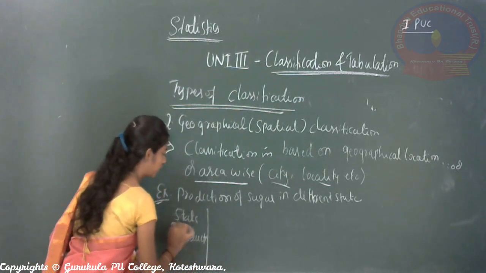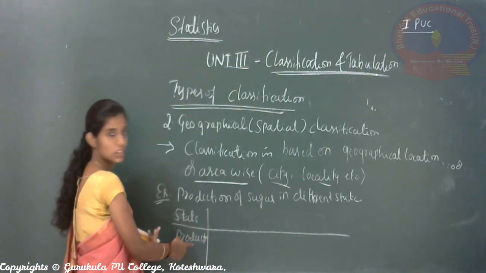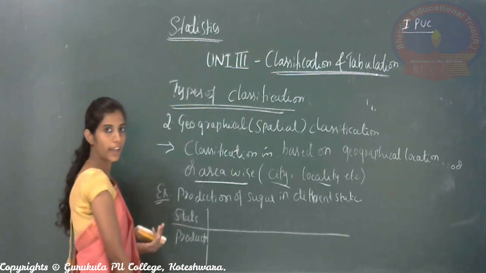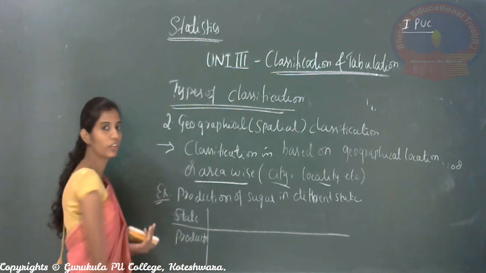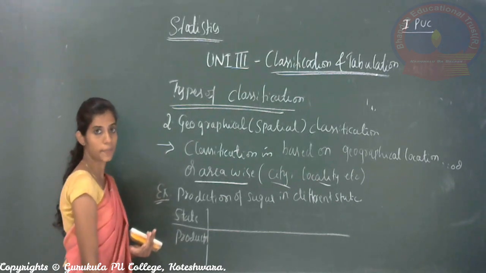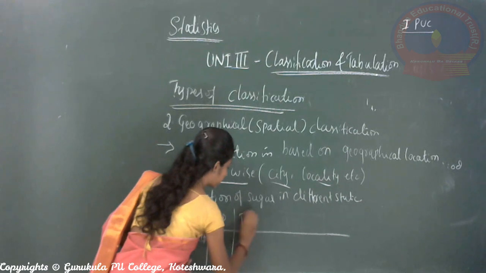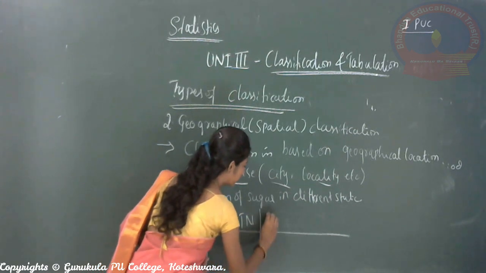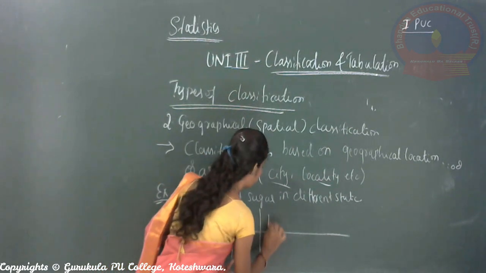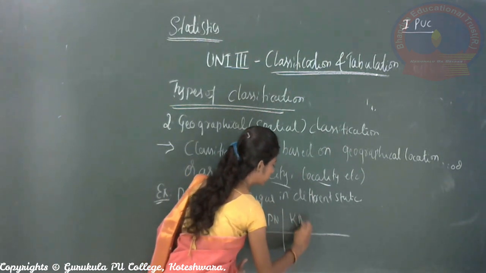You can take state-wise population, or any other example related to area-wise, that is an example for a spatial classification. States: UP, Tamil Nadu, Punjab, then Karnataka.